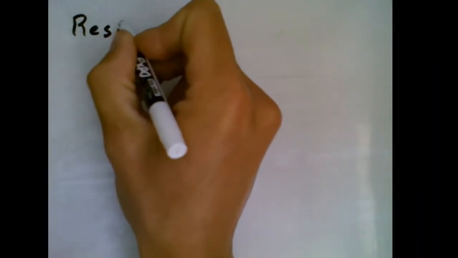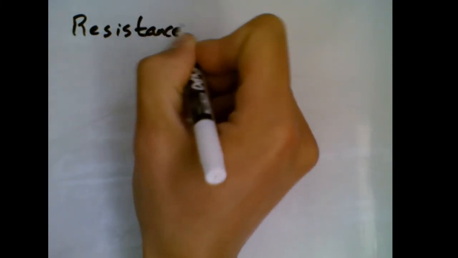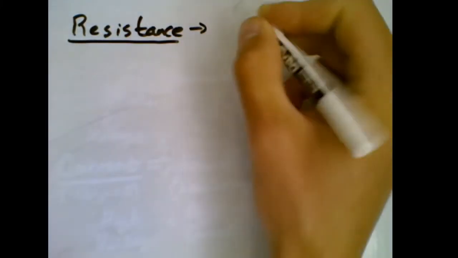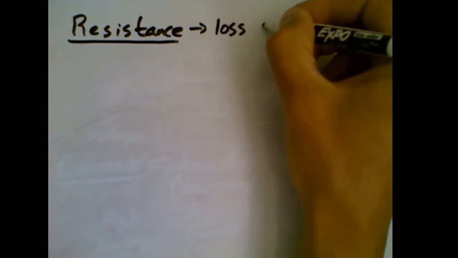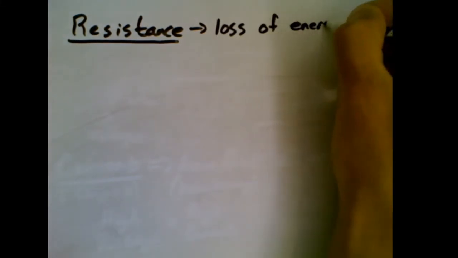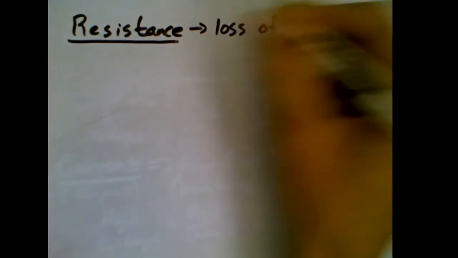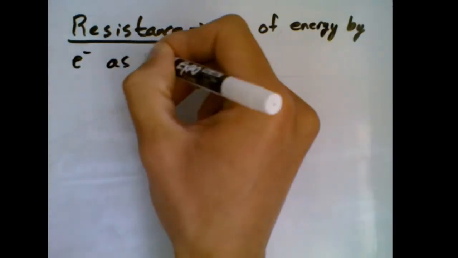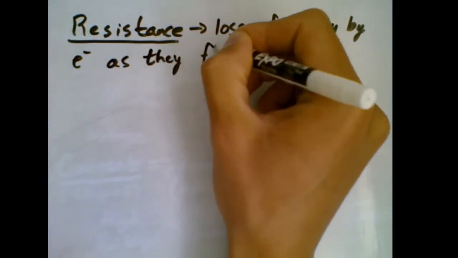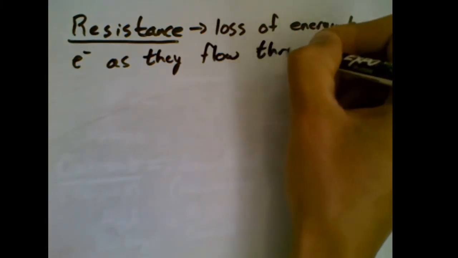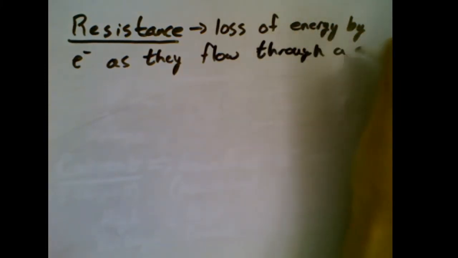So resistance is the other property that we see in circuits. And resistance is the loss of energy by electrons as they flow through a material.